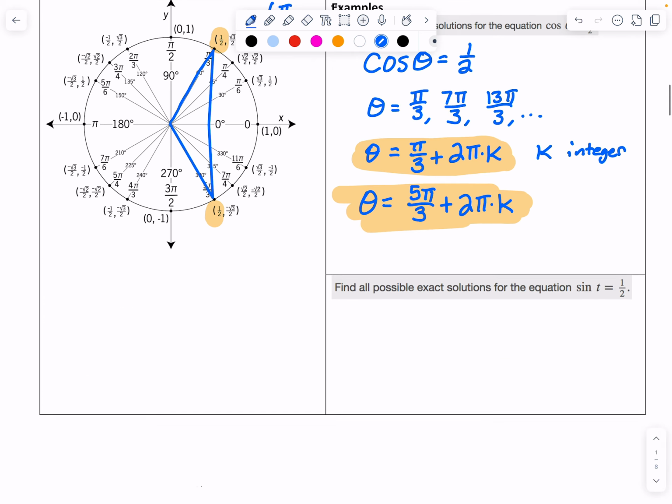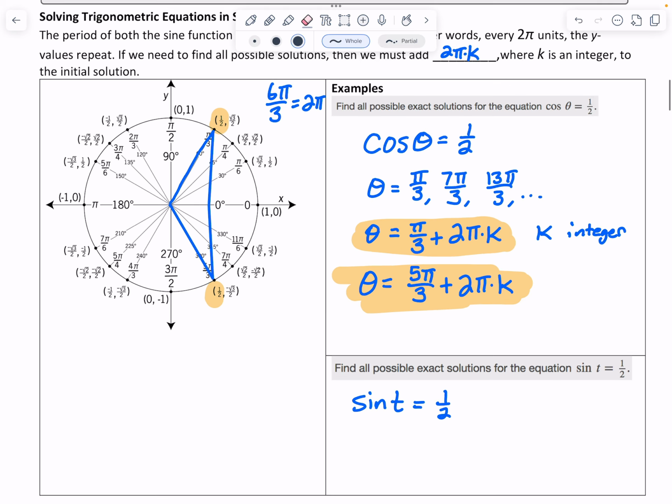All right, so let's do another one here. Sine of t is 1/2. So we're looking for when sine, which is y, is 1/2. So I'm going through and looking for my y to be 1/2. I know there's only two in one revolution.